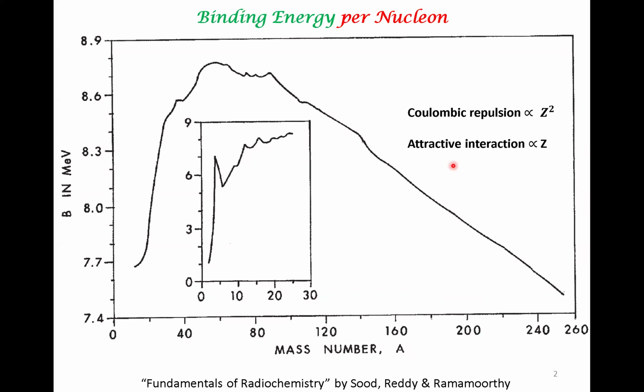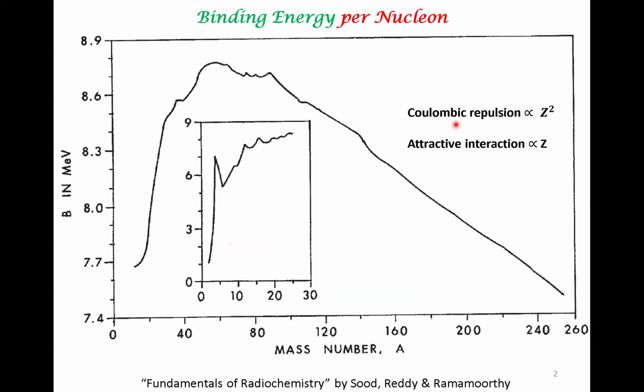So earlier, we had looked at the binding energy per nucleon. So this is the y-axis, binding energy per nucleon, and we saw its variation as a function of mass number. We had rationalized this behavior based on two features. Coulombic repulsion is more long range compared to strong nuclear forces.